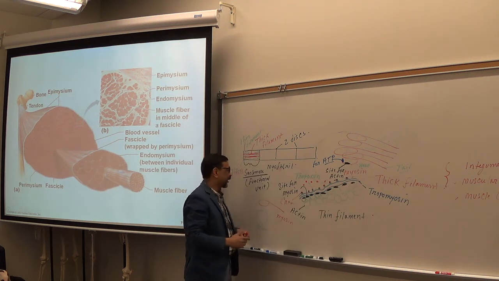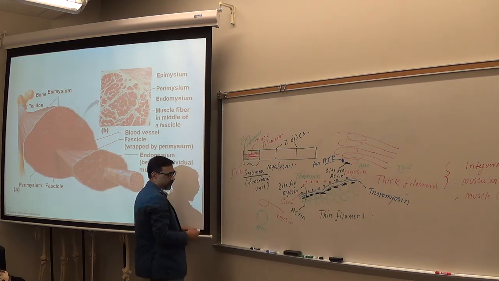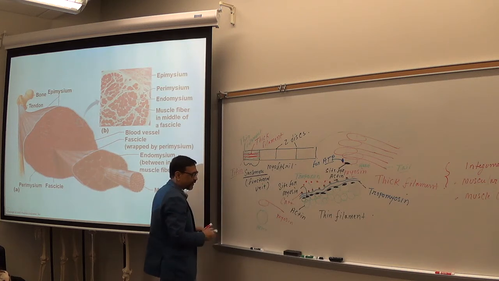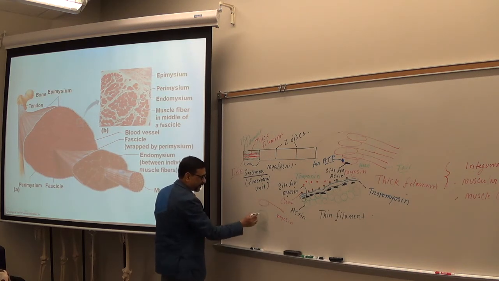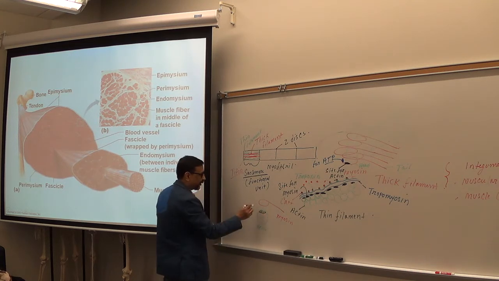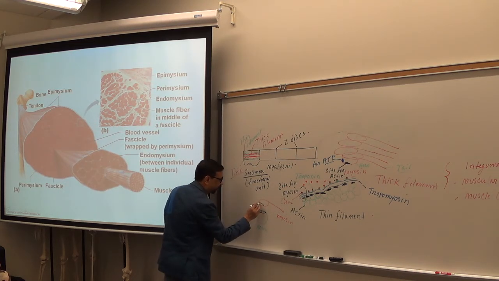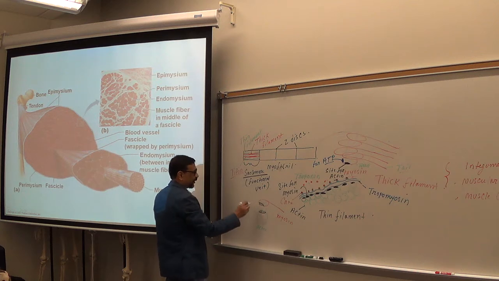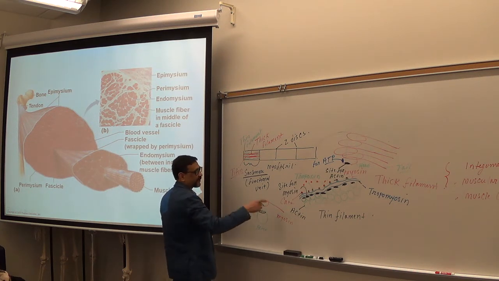Is it clear? Okay. So now let me draw here. So this is the myosin head, and the actin ball. This is the site for actin on the myosin head. And there is another site, that is the site for what?